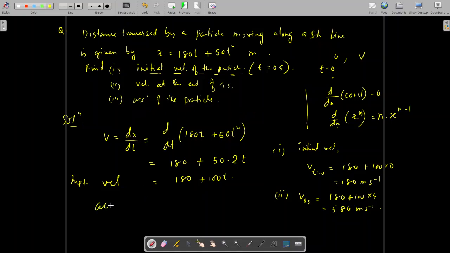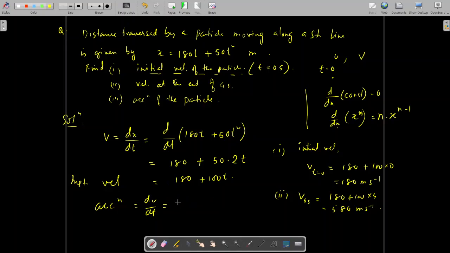So acceleration is dv by dt, right? Change in velocity with respect to time. That means velocity is dependent on time. In this case, velocity is a function of time. Here displacement is a function of time.